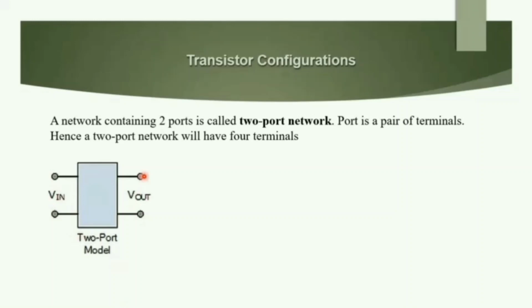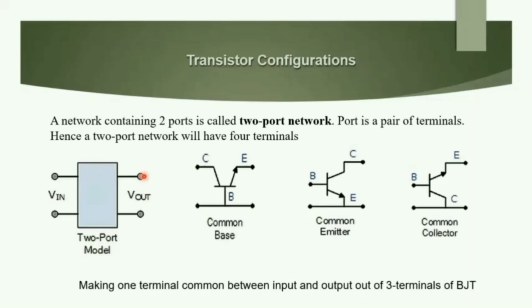But as we know, BJT is having 3 terminals only. So we need to use 1 out of 3 terminals of BJT as a common terminal between input and output, which results in 3 configurations of BJT amplifier named common base, common emitter and common collector.